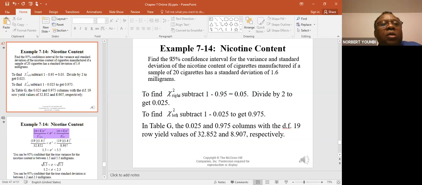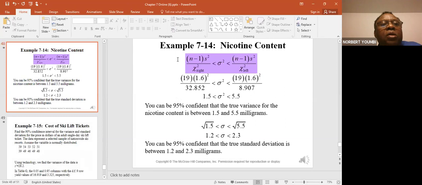Confidence level is 95%. The midway between 100 and 95 is 97.5. You can just obtain that by doing 1 minus 0.95 divided by 2, you will get 0.025. Then subtract it from 1, you get 0.975. Those two numbers now will be used to find the critical values.